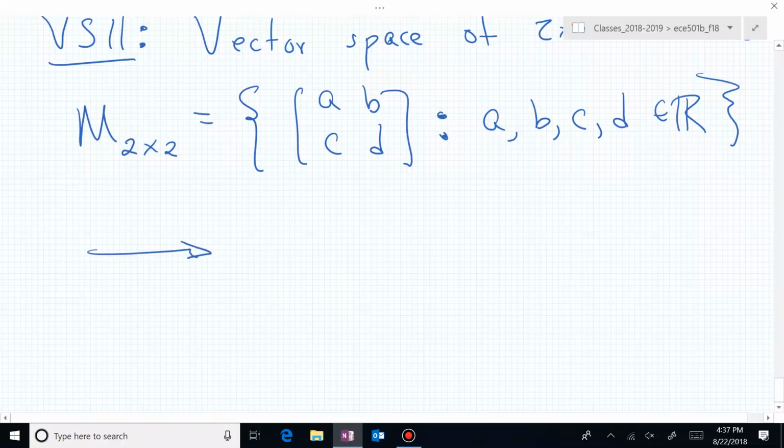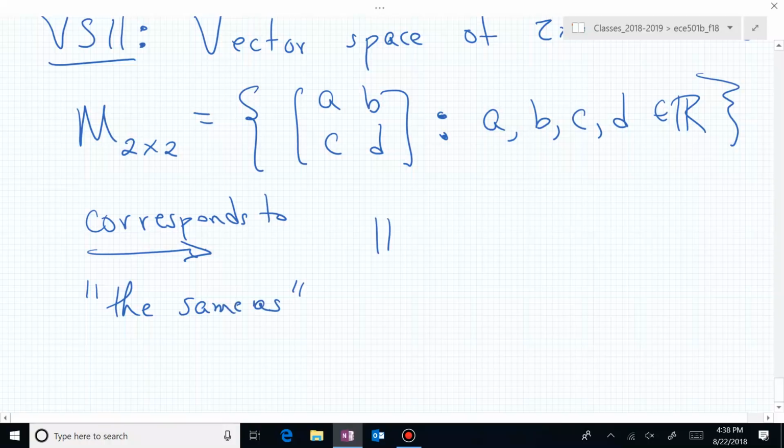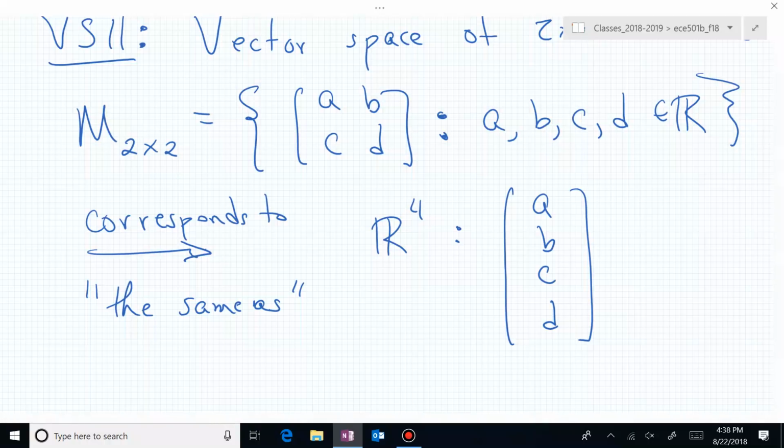So here, this arrow, which I'm using to denote corresponds to or the same as, R4, such that A, B, C, D, now I'm stacking them differently. I'm sort of putting them in a row and then transposing that row, but you can put them in there however you want as long as you're consistent. That is now R4.